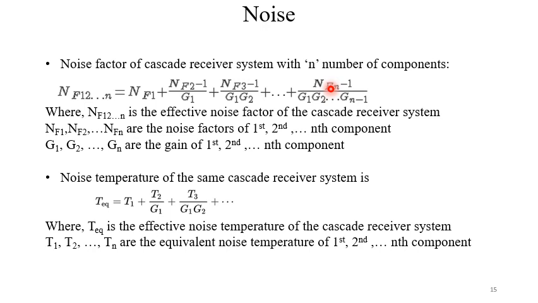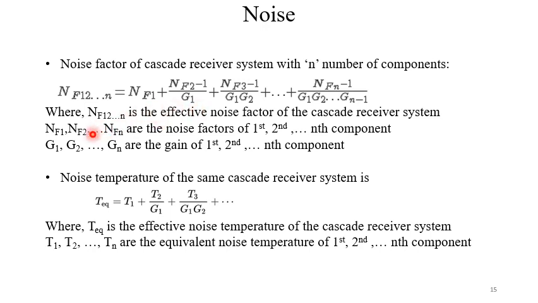If the last stage is n, then (NFn minus 1) divided by G1 G2 up to Gn minus 1. This is the effective noise factor for the system of n cascaded receivers.